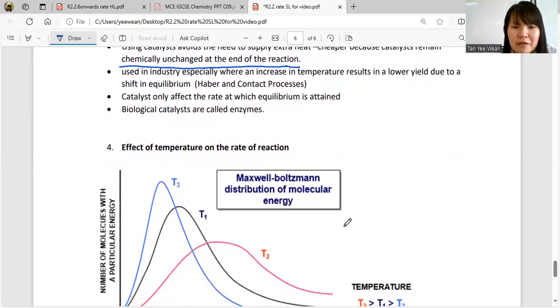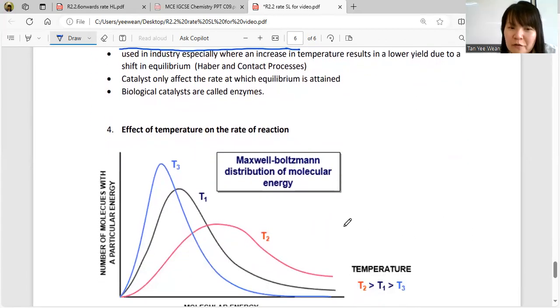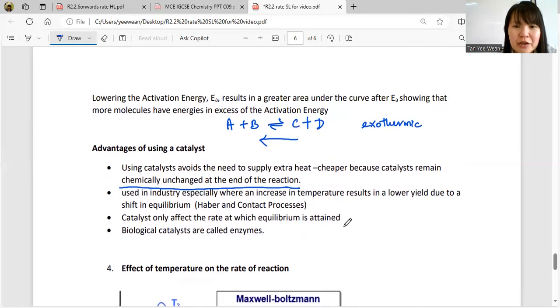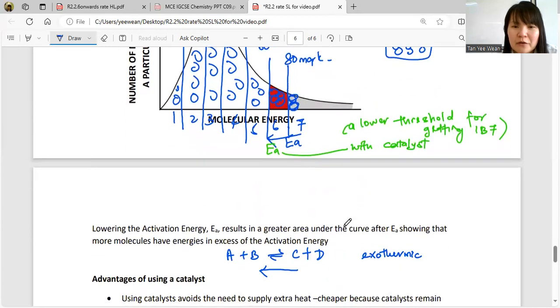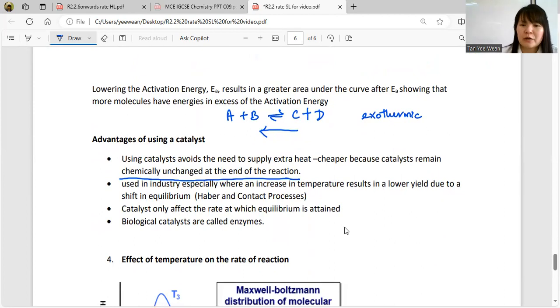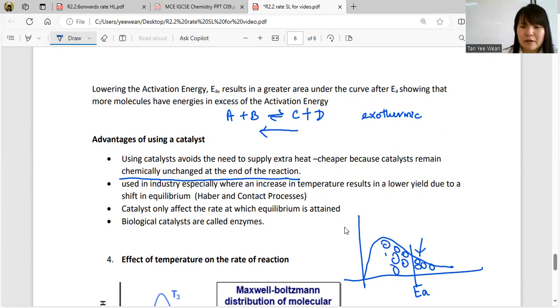Okay, now I want you to think about, maybe you can pause the video for a while, changing the temperature and imagining this distribution again. Just pause the video for a while. So if you have the same beaker again, and then you have this activation energy, and then imagine these are the people who get 7 on this side, and these are the people who get 6, 5, 4, 3, 2, 1.